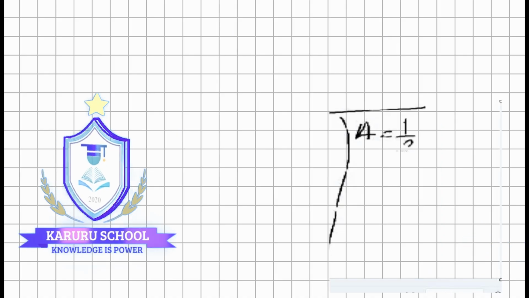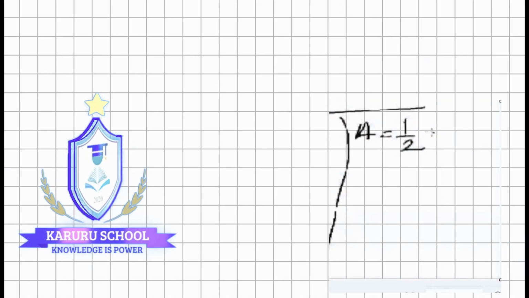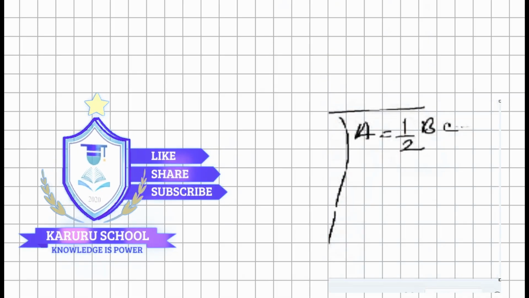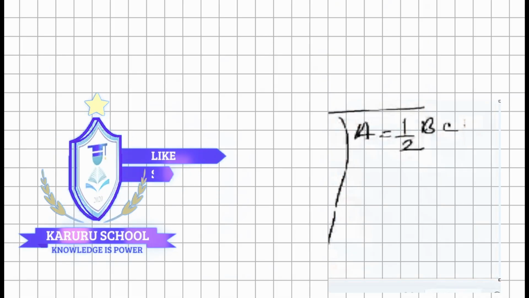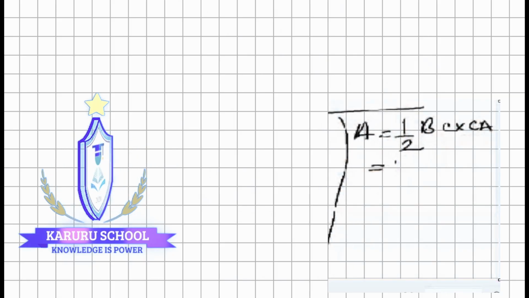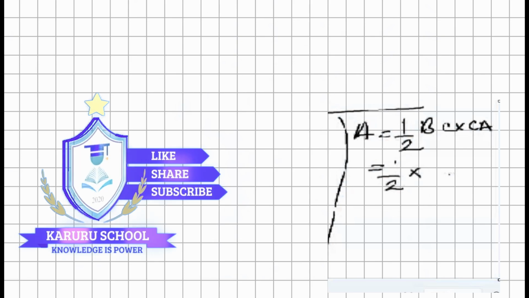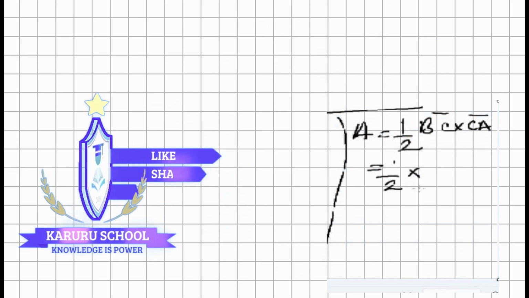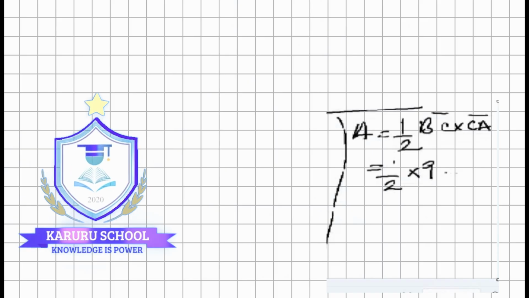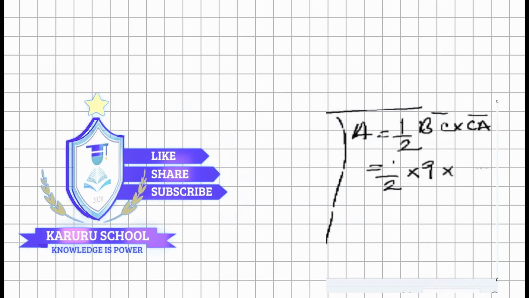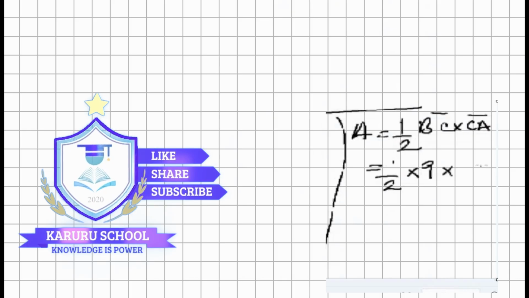Area equals a half, base is BC, times the height is CA. So this one would be a half times BC, BC is 9, times CA is 12.